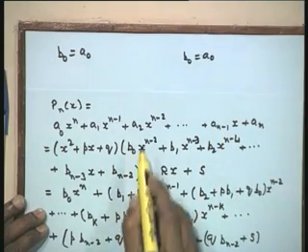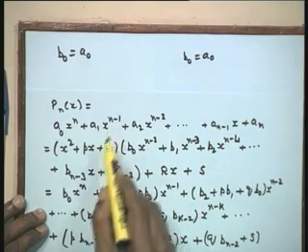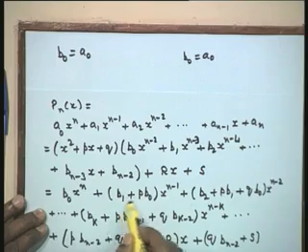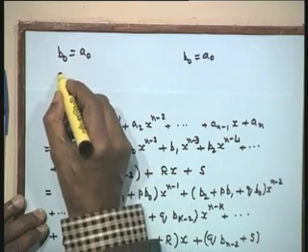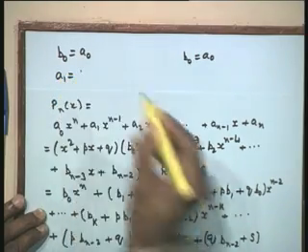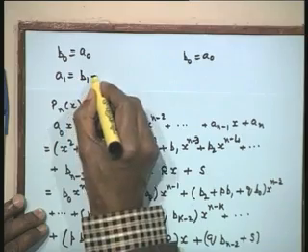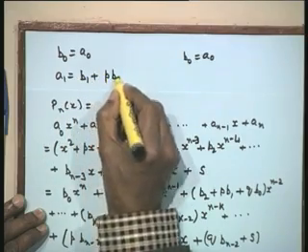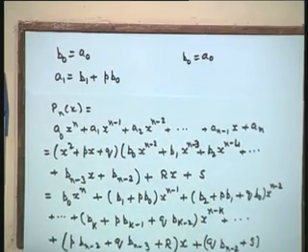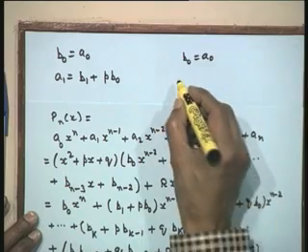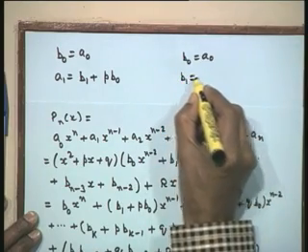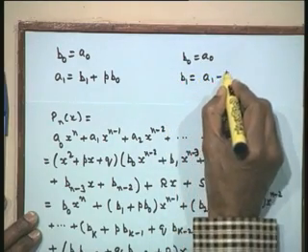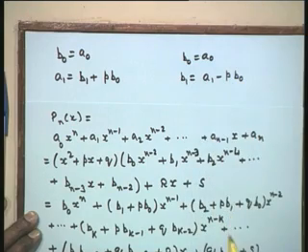Then I compare the coefficient of x to the power of n minus 1, this is a_1 and this is b_1 plus p b_1. So I will have here a_1 is equal to b_1 plus p times b_0. Now I solve for b_1, b_1 is equal to a_1 minus p b_0.